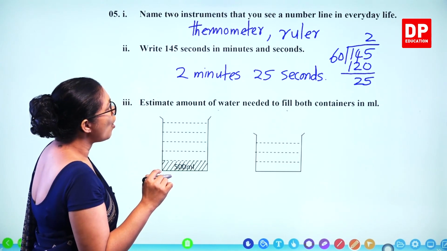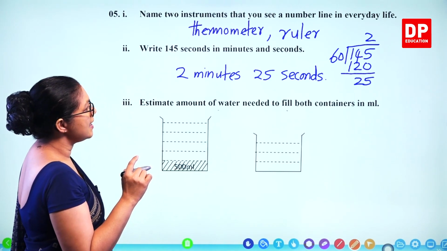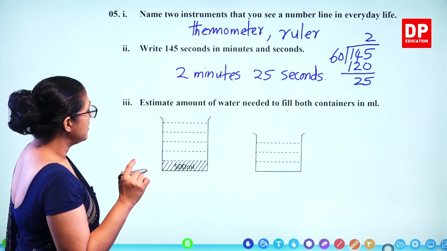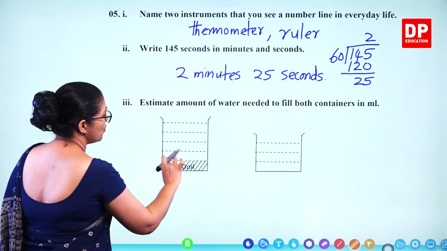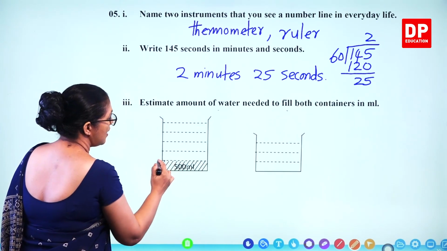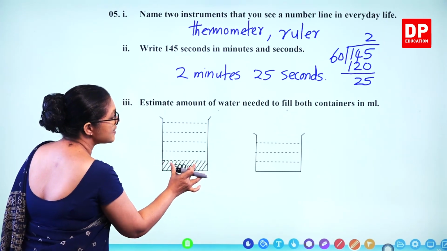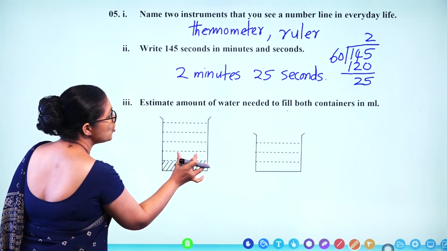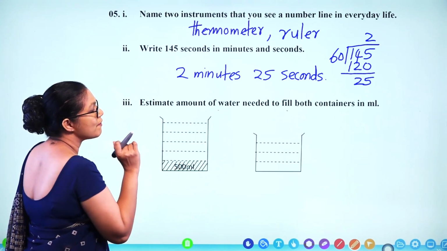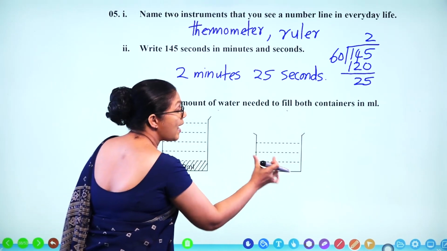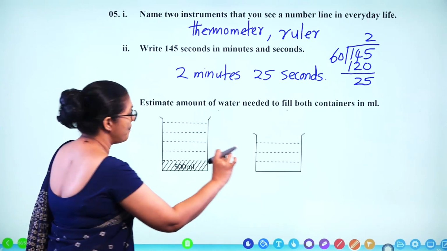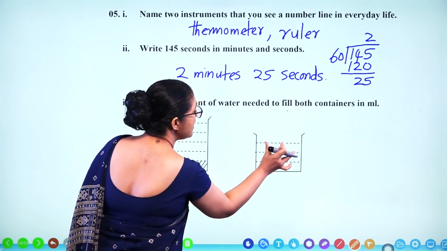Estimate the amount of water needed to fill both containers in milliliters. So we have to take this one. This level is 500 milliliters. So how many parts are there? You get 1, 2, 3, 4, 5. 5 parts. Here also we have to consider the same amount, 500 each.